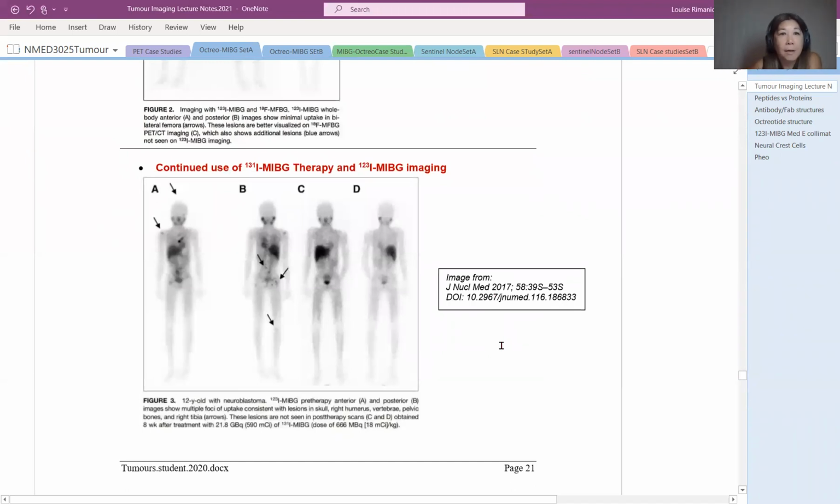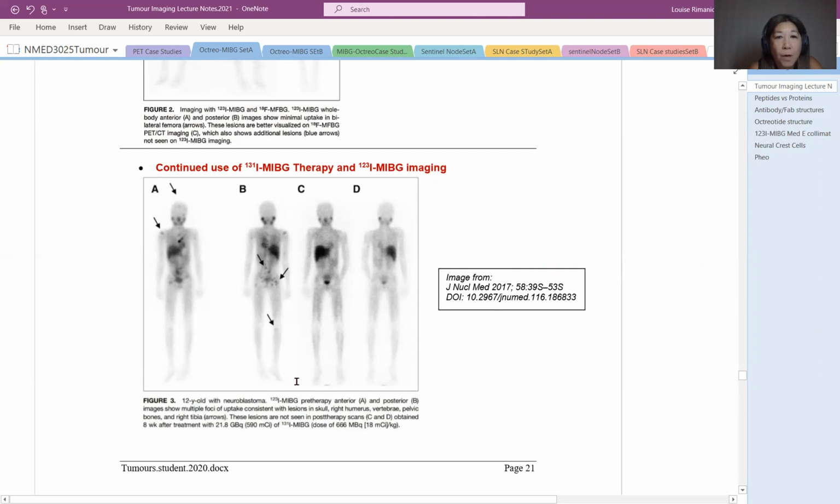Here is a patient, a 12-year-old with neuroblastoma. The first images here were done pre-therapy. So I-123 done pre-therapy, showing multiple foci of uptake consistent with lesions in the skull, the right humerus, vertebrae, and pelvic area, as well as in the right tibia.